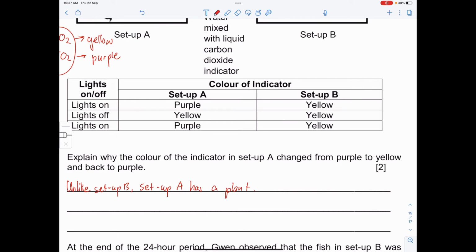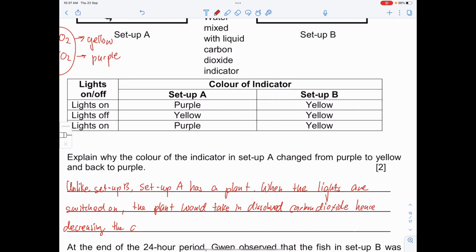So when the lights are switched on, the plant would take in dissolved carbon dioxide, hence decreasing the amount of CO2 in the water.